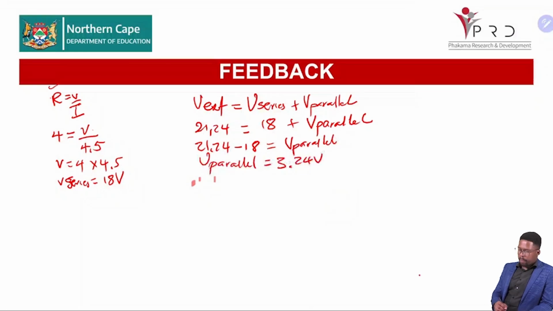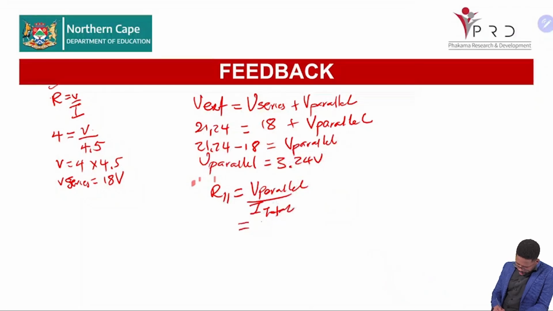Now once we have V parallel, you must remember we said the potential difference for resistors connected in parallel is the same. So the potential difference is the same for all the resistors connected in parallel. Therefore, we can say R parallel is equal to V parallel all over I total.